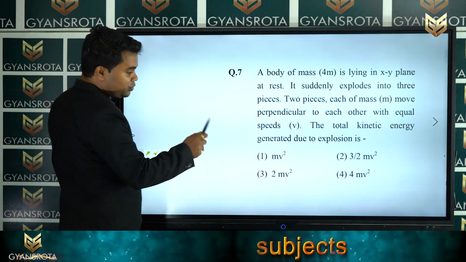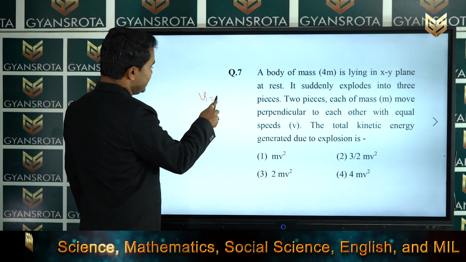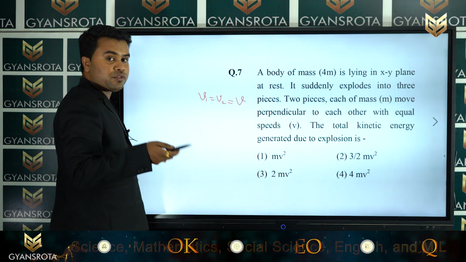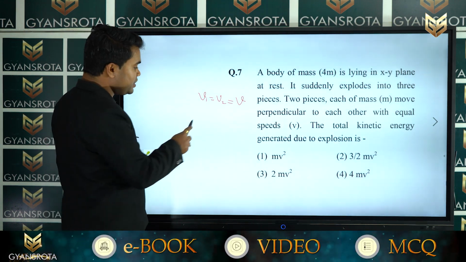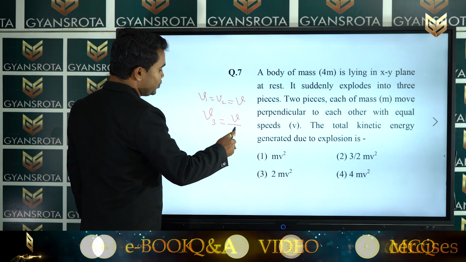So if you solve this one, how are we going to solve it? So V1 and V2, they are equal. Let's take it as V. Now using the concept of conservation of momentum, you will see that V3 is coming out to be V by root 2.